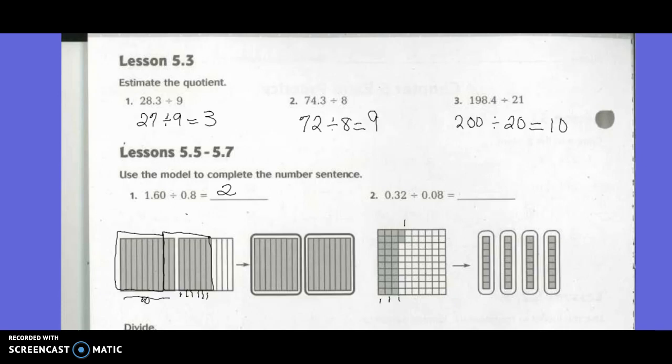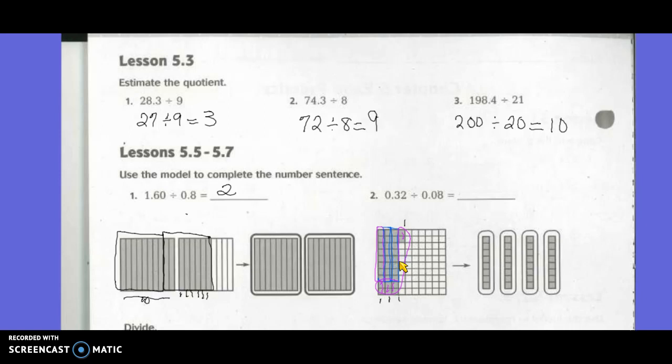So if I were to do it in a drawing, I could do one group, and then I could do this, 2 groups, 3 groups, and then down here I have 2, 4, 6, and I have 8 up here, so then I would have my 4th group.